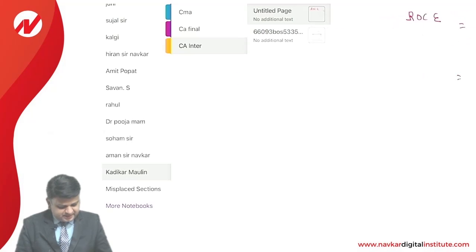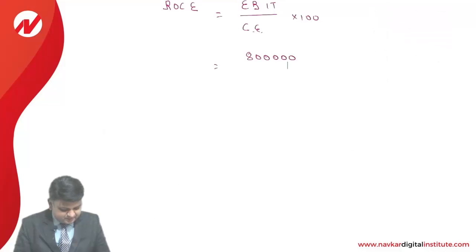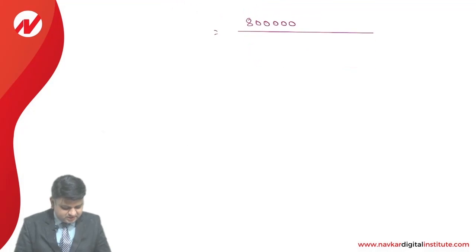The operating income is an amount of 8 lakhs, divided by capital employed, that is calculated as equity share capital plus reserves and surplus plus preference share capital plus debentures.